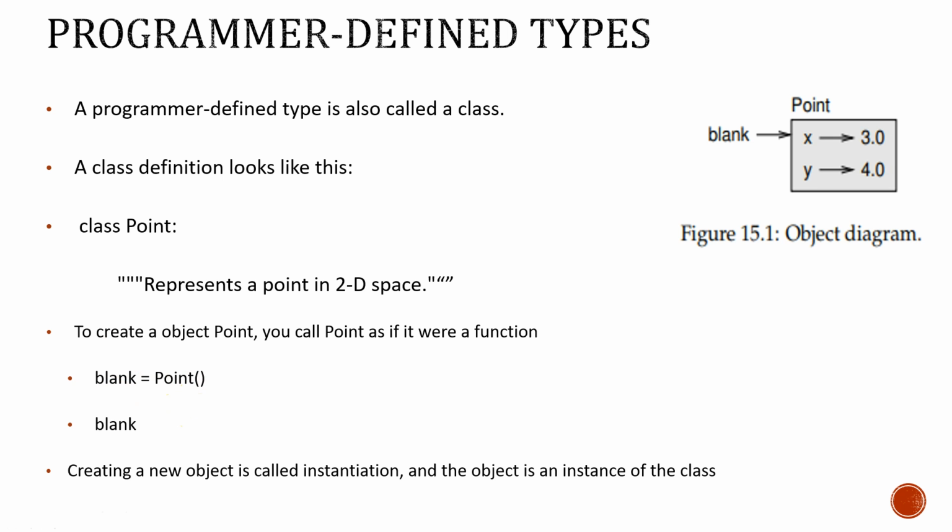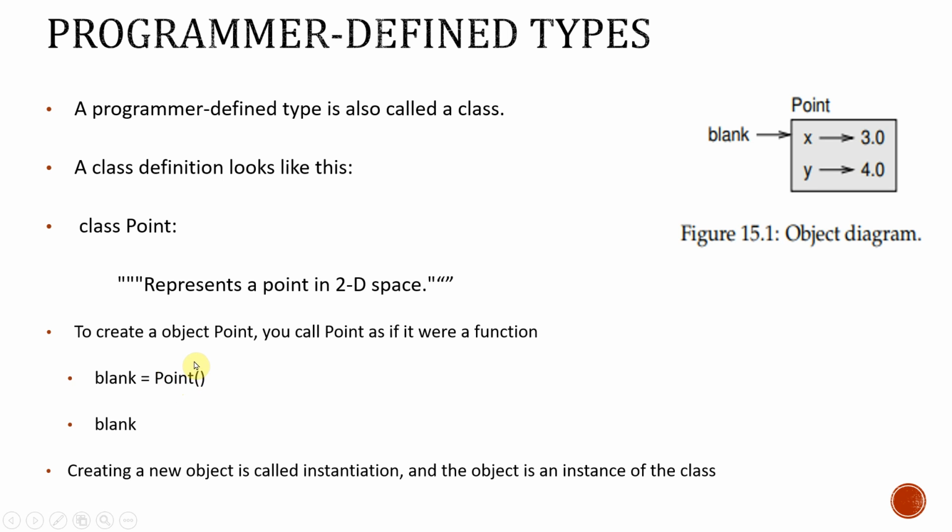Same thing, I think in your OOC you had used the new keyword: some object name is equal to new class name. That is how you created an object for a class there. Here, to create the object, just call the name of the class like how you call a function.